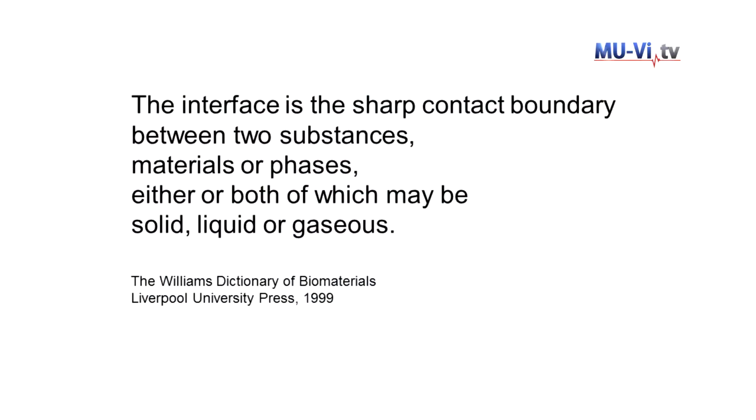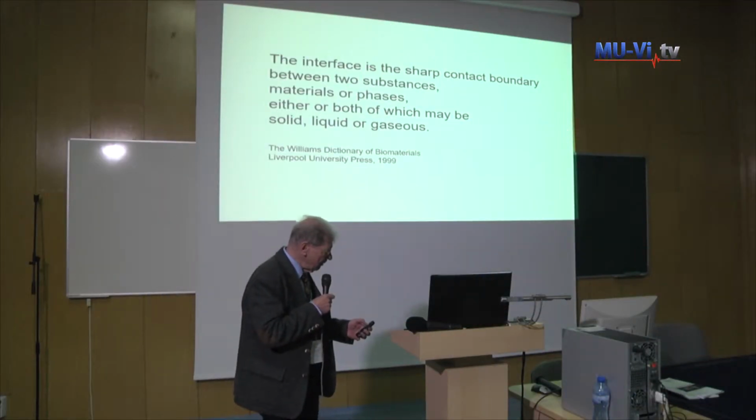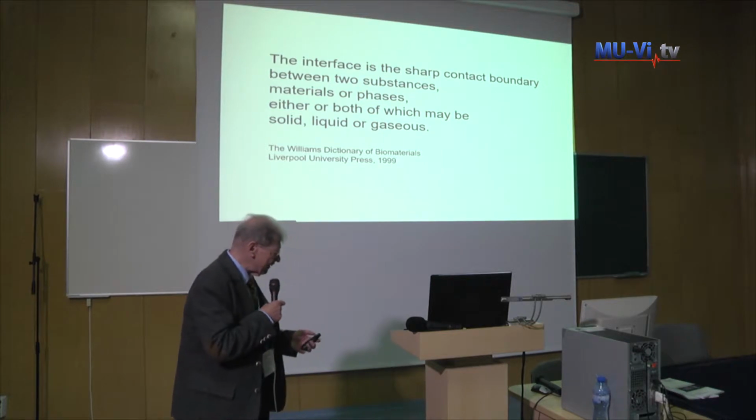Now the interface is defined as a sharp contact boundary between two substances, materials or phases, either or both of which may be solid, liquid, or gas. So this is what David Williams said for this definition.